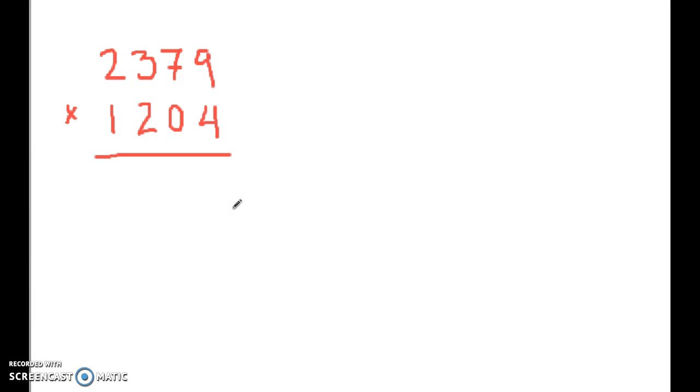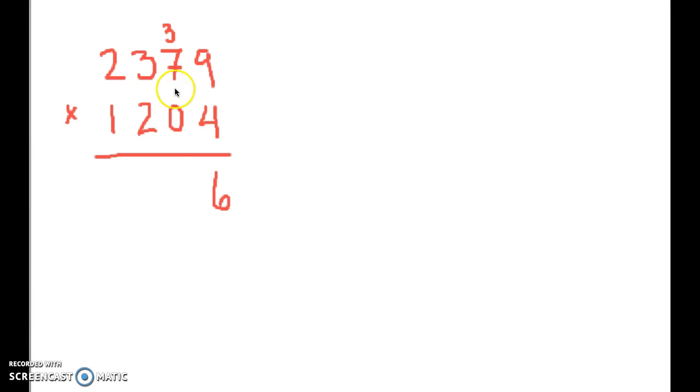So we're going to multiply 4 and 9 together, which is 36. So we drop down our singles and carry our 3 to the tens place because it's also a tens place. Then we're going to move on and multiply our 4 by our 7, which is really 4 times 70, but we're just going to acknowledge it as a 7 because that's easier, but we have to know that it's really a 70, and it's really in the tens place, so our answer is going to drop down into the tens place.